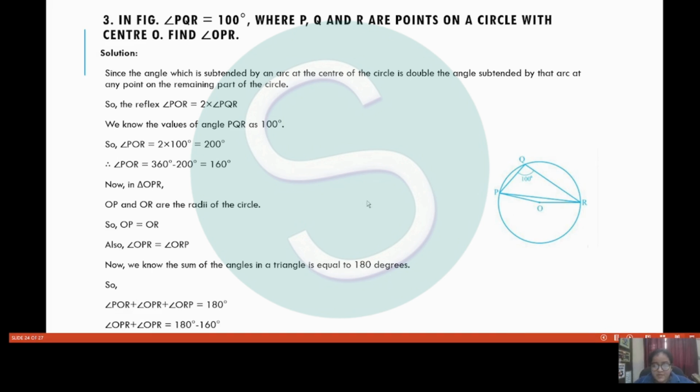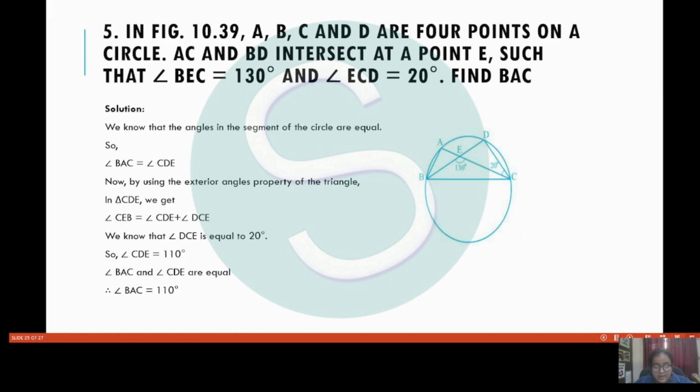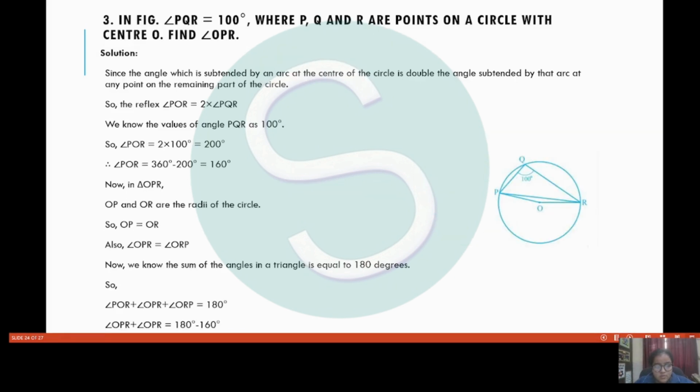So we can use the angle sum property in triangle OPR. So POR plus OPR plus ORP equals 180 degrees. We know the value of POR is 160 degrees, and these two angles OPR and ORP are equal.